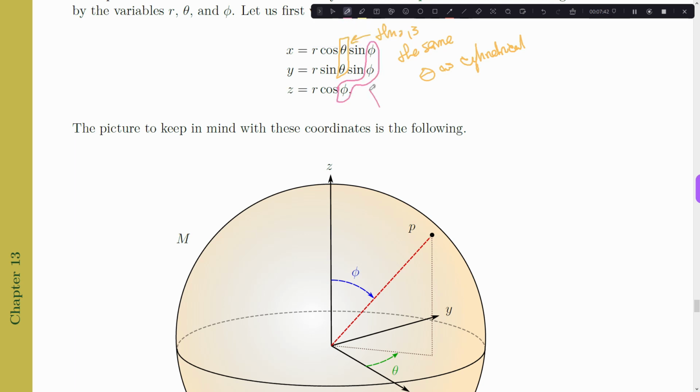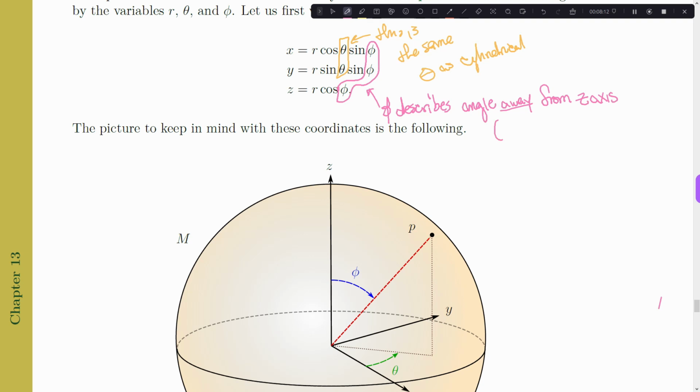Okay, so phi describes, if theta was telling me my angle through the xy plane, phi is now describing my angle away from the z-axis. So basically I'm asking myself, I'm going to start at the North Pole. How far is my angle away from the North Pole?